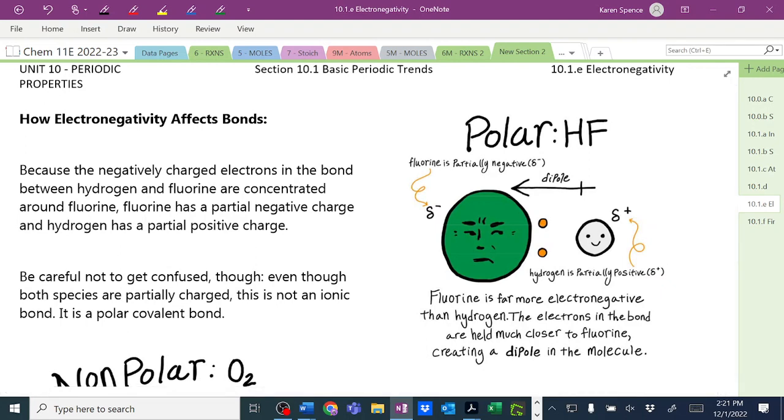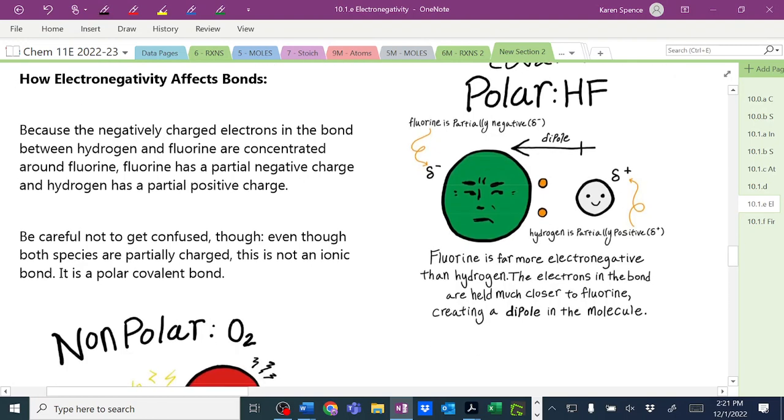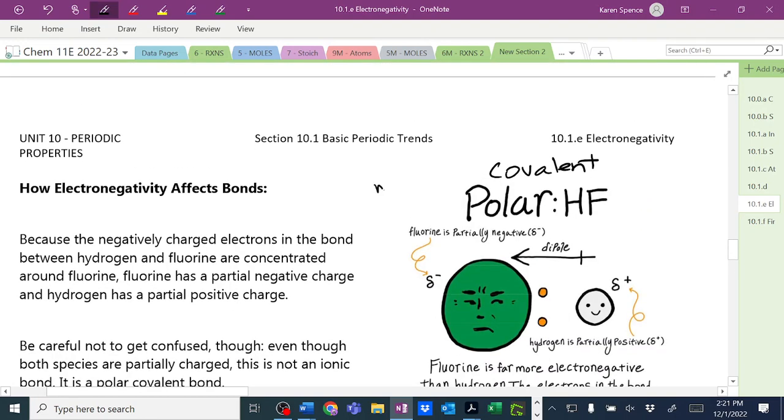Polarity you don't need to know for this test, but you should know that if you have a moderate difference in electronegativity, you'll end up with a polar covalent bond.